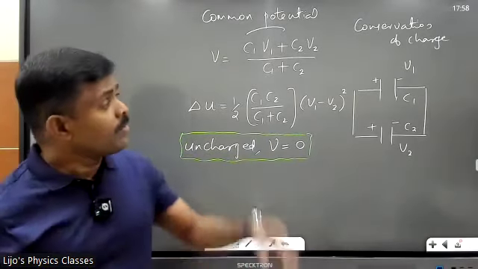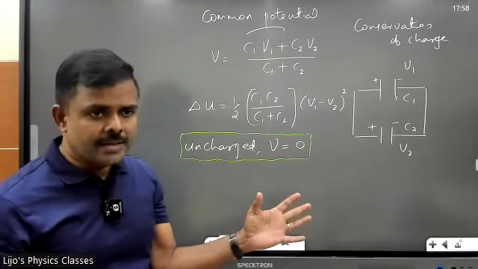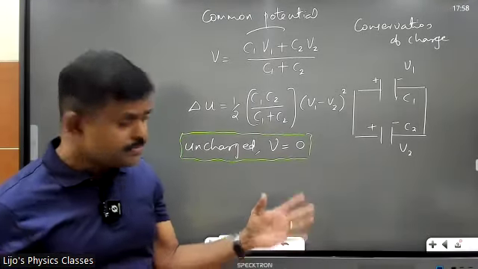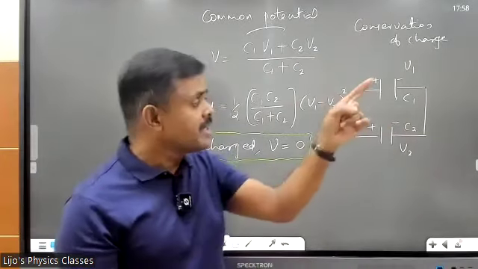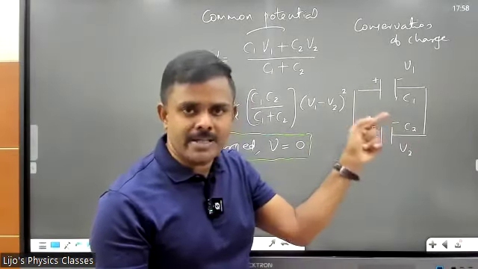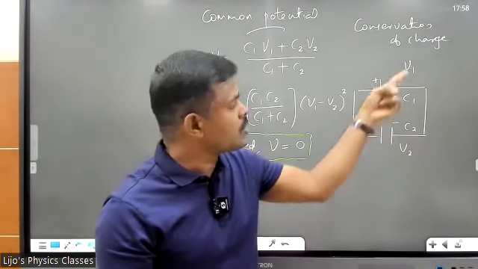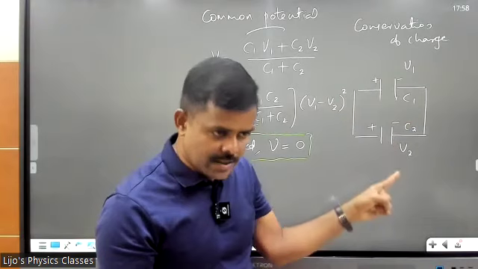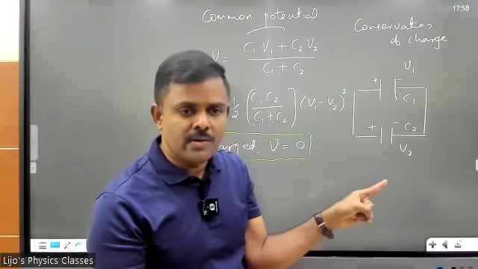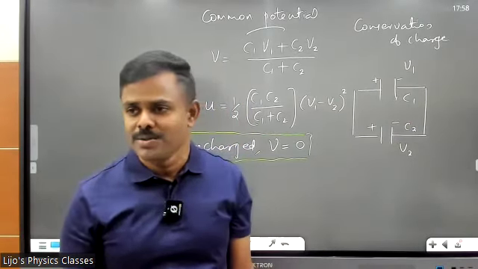What is common potential? Like I said, you will definitely see this in the half-yearly exam. Two capacitors side by side. First capacitor is C1, charged to potential V1. Second capacitor is C2, charged to potential V2.